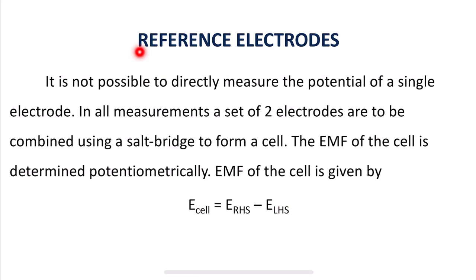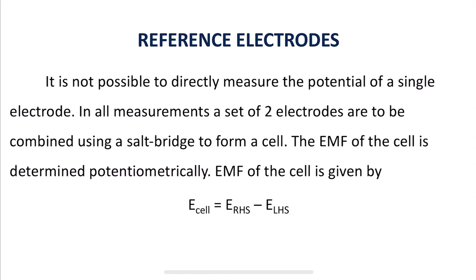What is meant by a reference electrode? It is not possible to directly measure the potential of a single electrode. In all measurements, a set of two electrodes are to be combined using a salt bridge to form a cell. The EMF of the cell is determined potentiometrically.